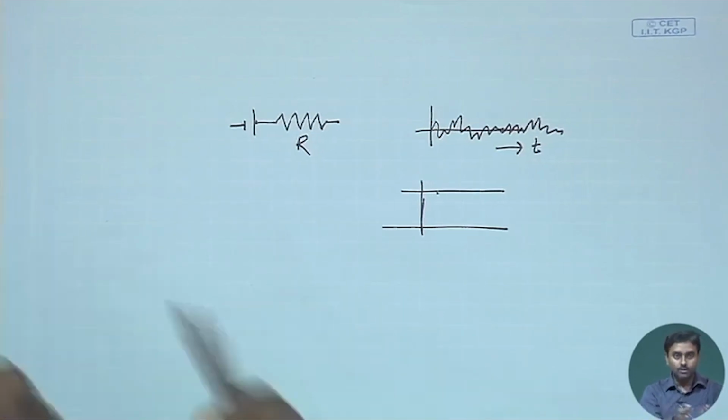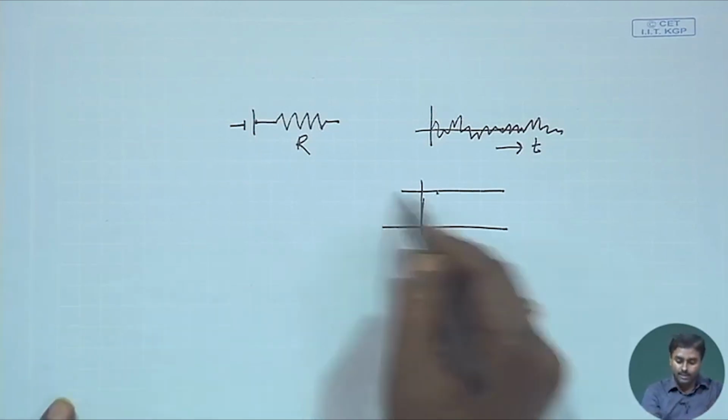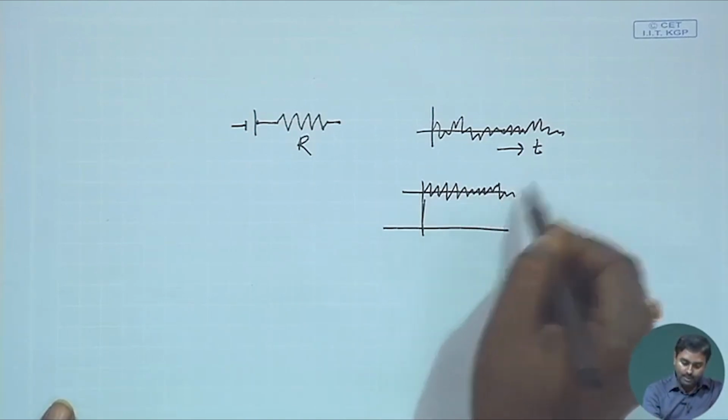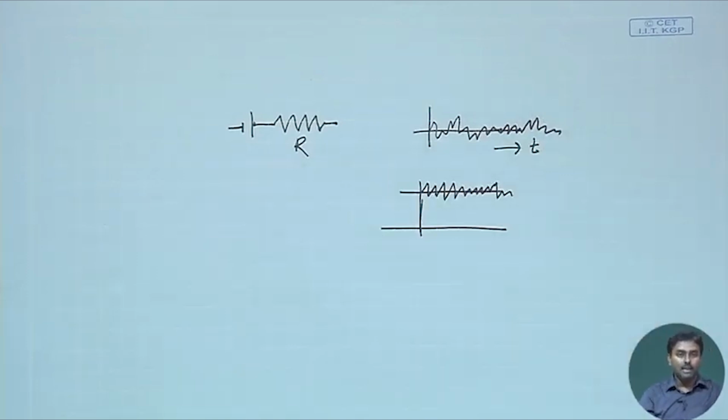You will see that current will be there, but on top of that there will be a random variation almost similar to that. Okay. That is due to the Brownian motion.